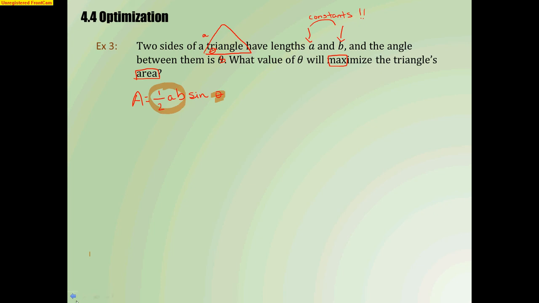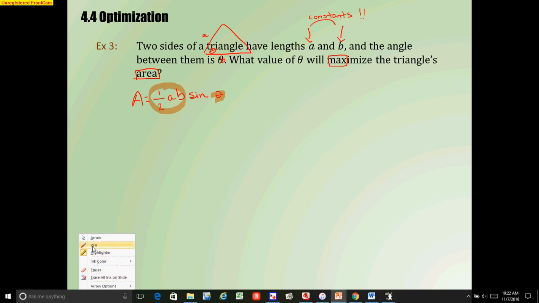So the derivative of a constant times a function is just that constant times the derivative of the function, right?